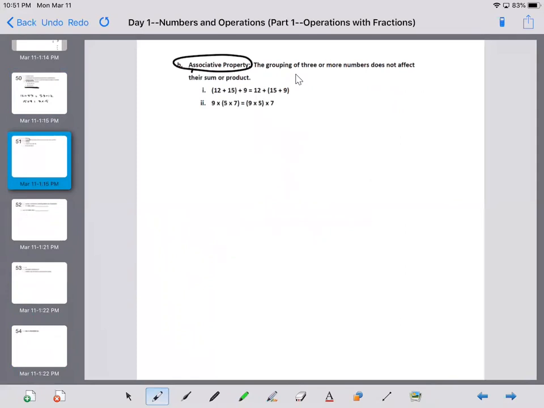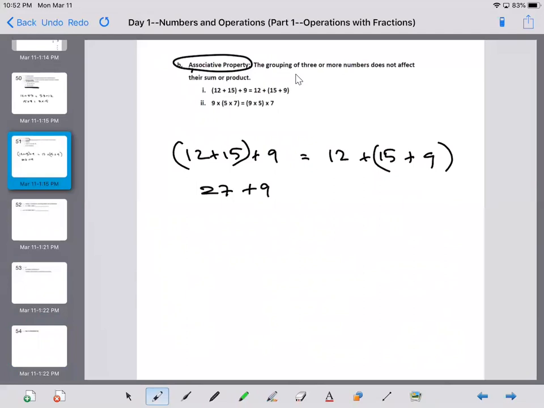So when you have 12 plus 15 plus 9 and 12 plus 15 plus 9, if I group these two together, and then if I group these two together, so whether I'm grouping 12 and 15 first, or whether I'm grouping 15 and 9, or even 9 and 12, whatever, I've got to start somewhere. And so notice that 27 plus 9 is 36. Well, this is 12 plus 24, and that's also going to give me 36.